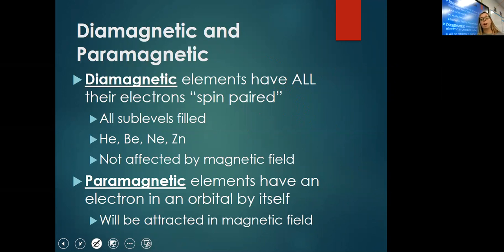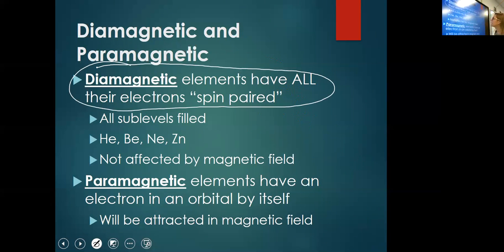All right, one other thing that these will impact is whether or not something is magnetic. So we know that most of our metals are magnetic, but not every single metal is magnetic, such as zinc. Zinc is not magnetic because it has all of its electrons spin paired. So that's called diamagnetic.